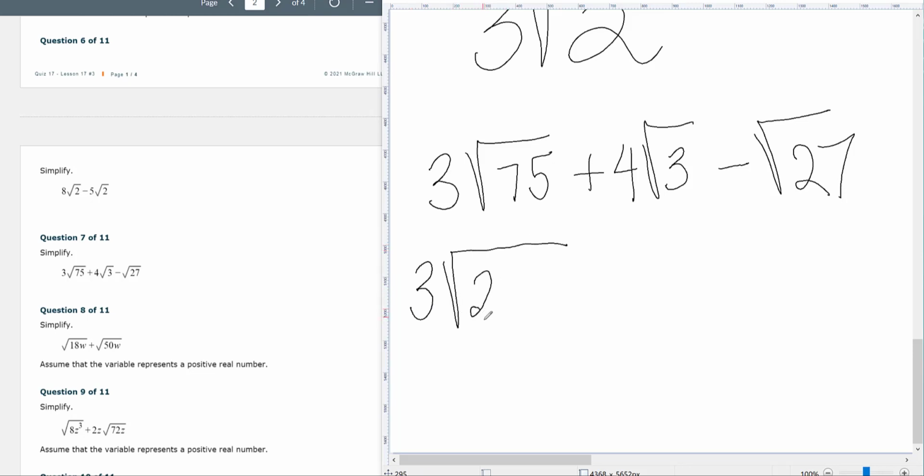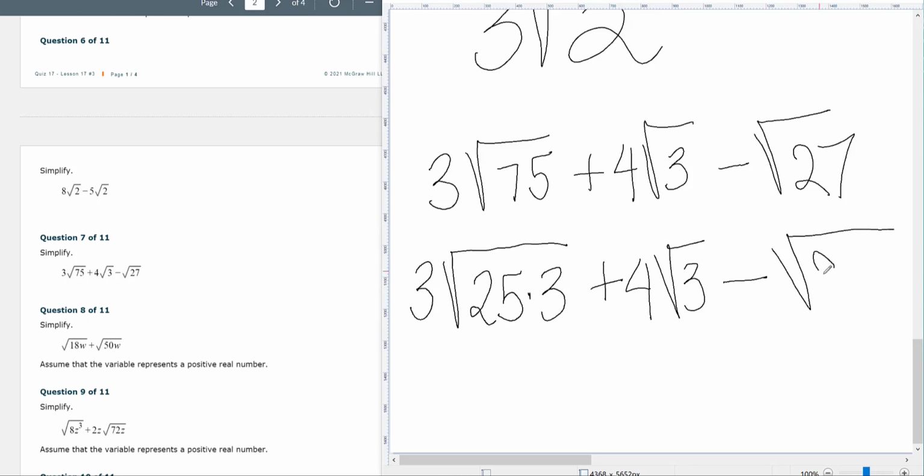So 75, I'm going to write it as 25 times 3 because 25 is a perfect square factor of 75. 4 square root of 3, I'm going to leave it because 3 has no square factors except 1. And 27 is 9 times 3. 9 is a perfect square factor of 27.